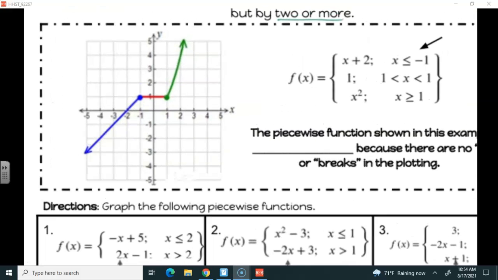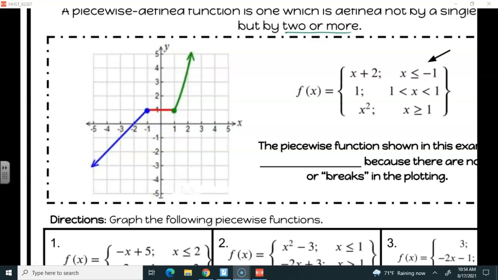Okay, so if you look at this first graph, you will notice here the blue line here is this first graph. Okay, the x plus 2. It's showing you all functions that are less than or equal to -1 for that function.